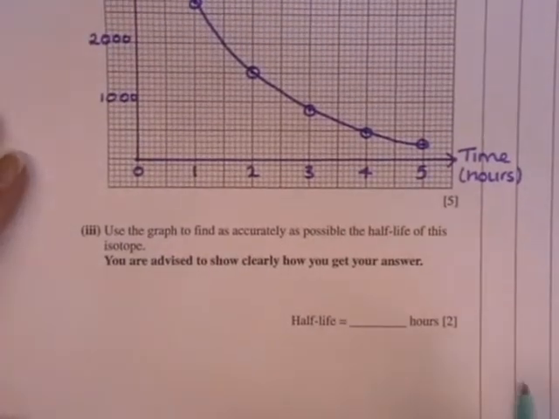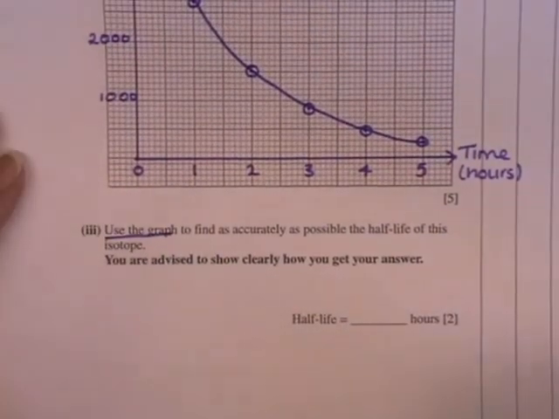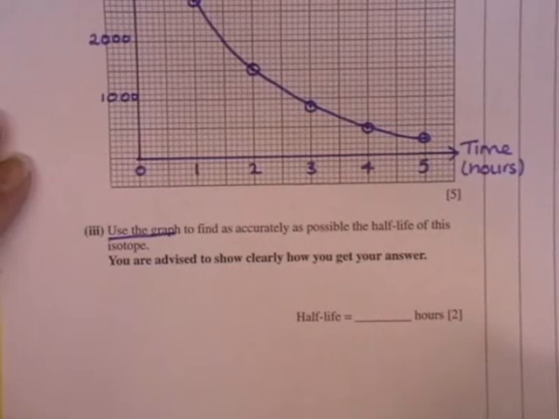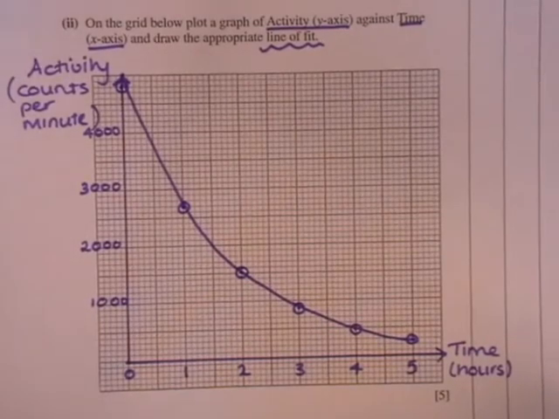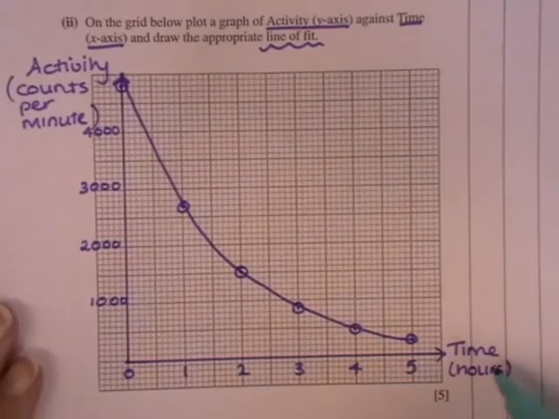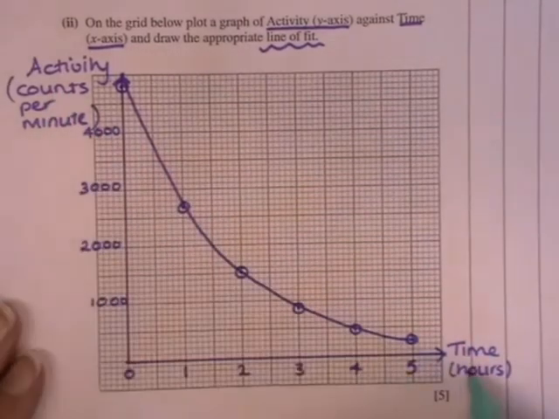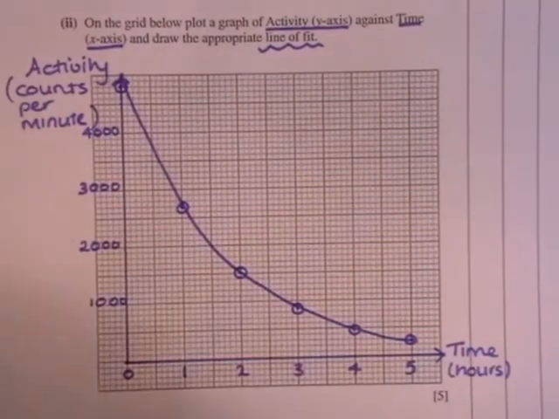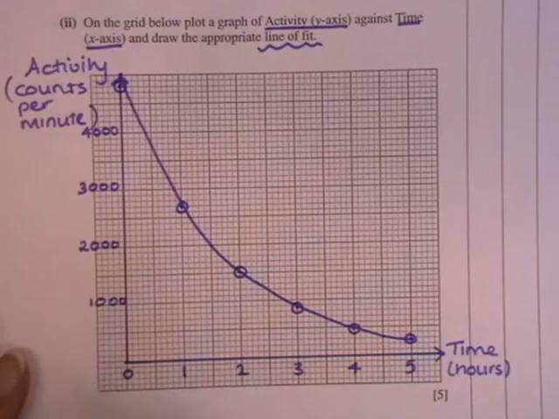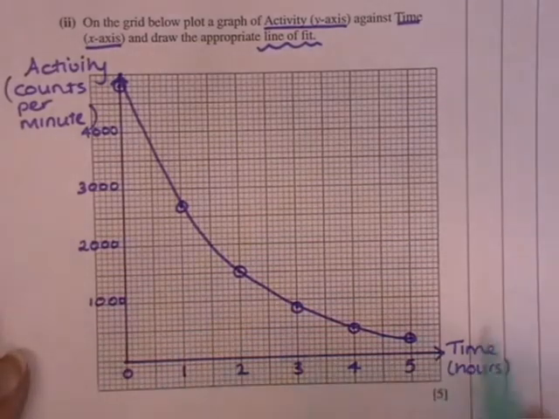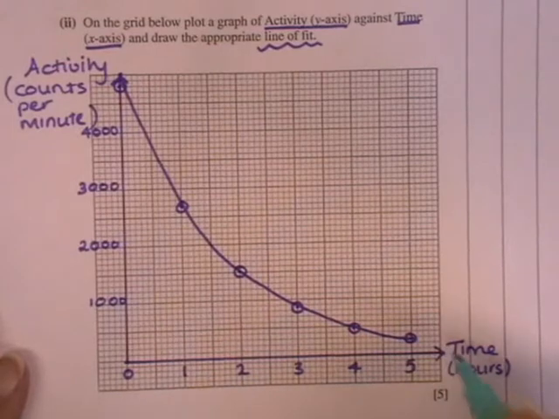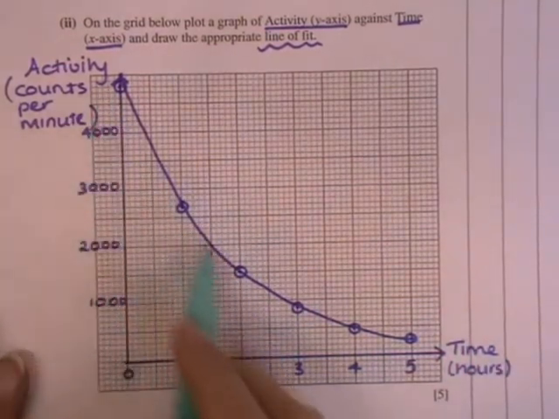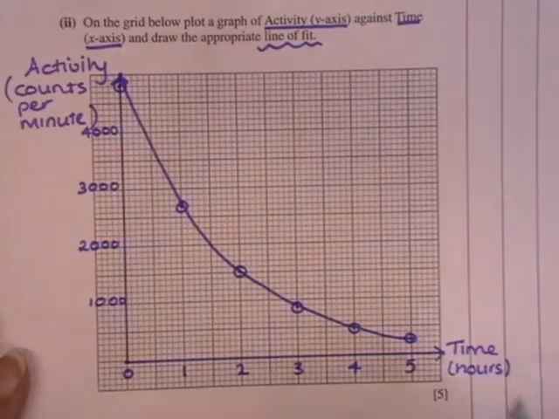Part 3 then asks you to use the graph to find as accurately as possible the half-life of this isotope. Oh, just to go back to the graph, the marks that were identified there, you got a mark for labelling both axes, including the units, a mark for having appropriate scales in both axes, 2 marks for plotting the 6 points correctly, and the final mark was for having a smooth curve through the points.